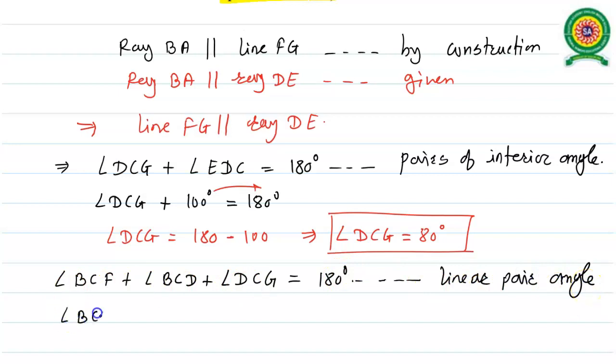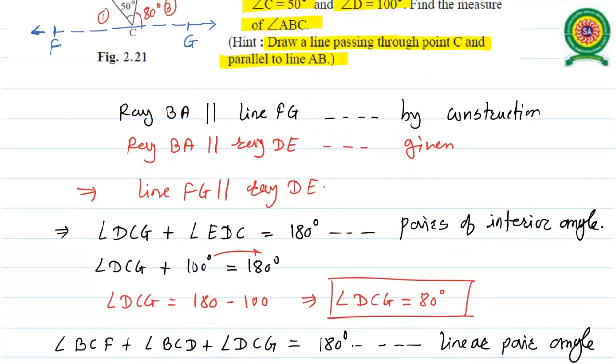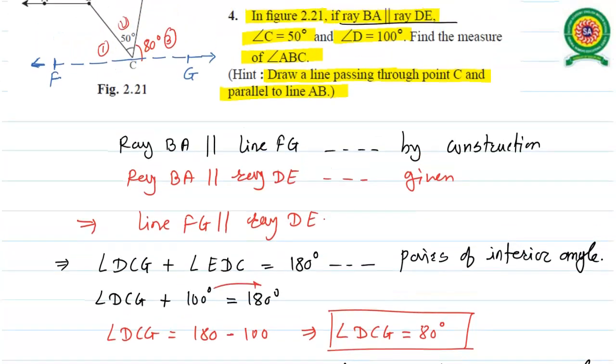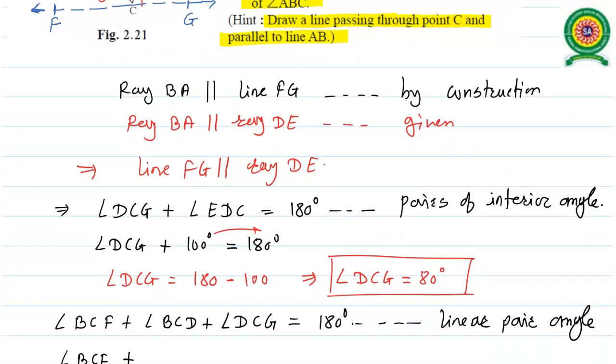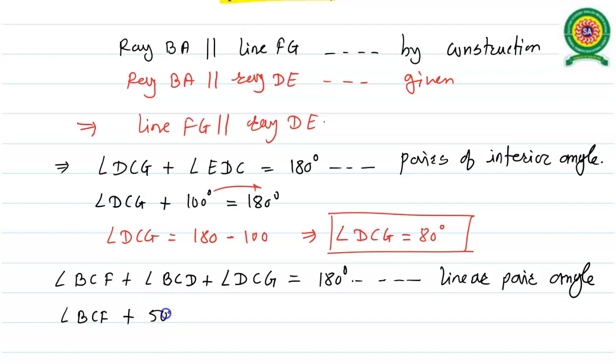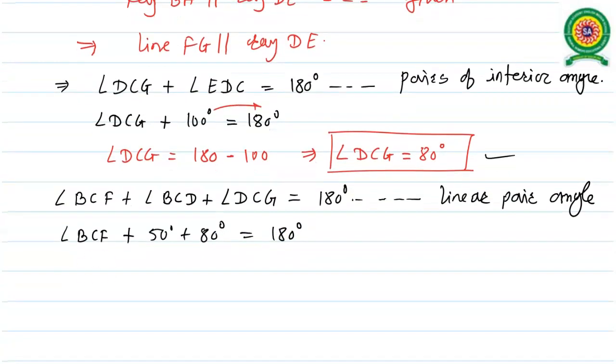Now BCF as it is, plus the measure of angle BCD, already given in the figure. Look carefully, it is 50 degrees. So I am substituting the value for BCD equals 50 degrees, and DCG is already 80 degrees, which equals 180 as it is. So 50 plus 80 we get 130 degrees.